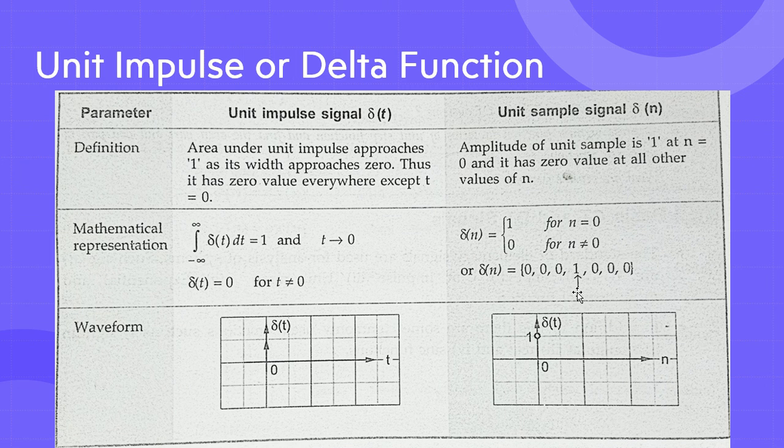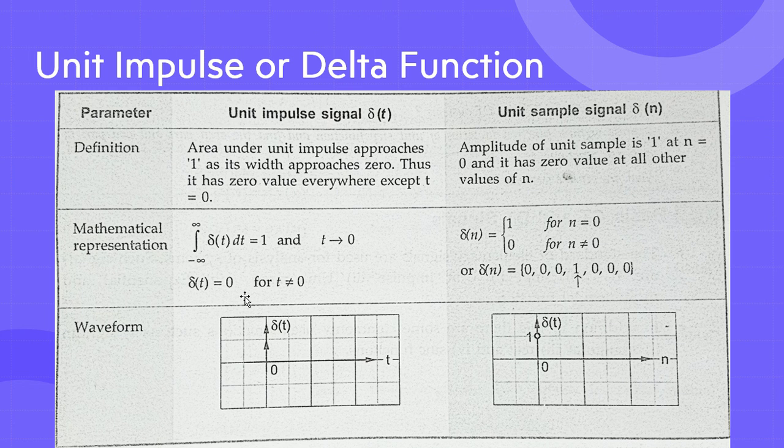And for the mathematical expression of the unit impulse signal, which is continuous time, we take the integral from minus infinity to infinity of δ(t) dt, and it will be 1. By doing this we are calculating the area, and the definition says the area under the unit impulse approaches 1, so the area will be 1.